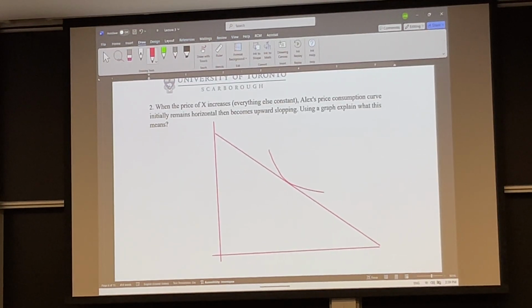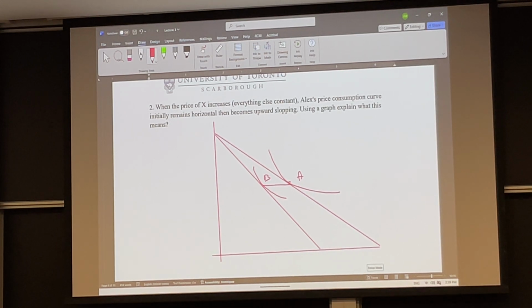That's the bundle Alex consumes. Right? The price goes up. He will move on a straight PCC line. So that is B. That's what it said, right? When the price goes up, i.e. the budget line shifts in, the PCC is initially a straight line. I graphed it. Right? Make sense?